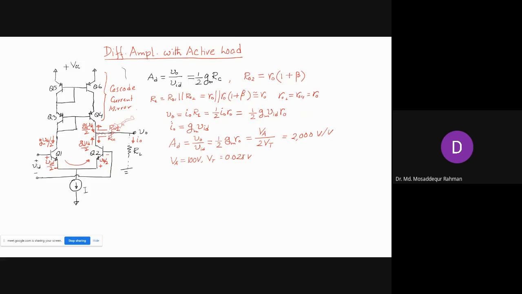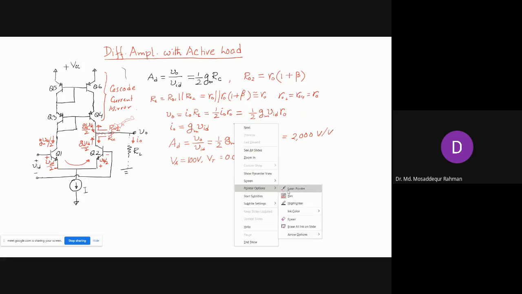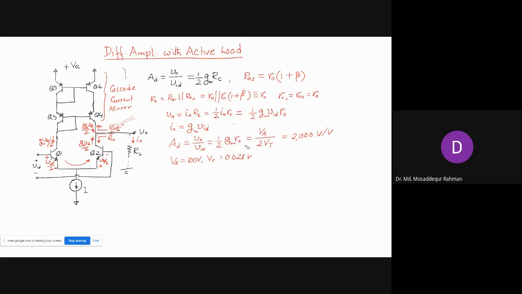So then the I naught remains the same, and RL will be just R naught. So we'll not have the half we had before. That half will just go, just I naught R naught. And also the half will go from here.